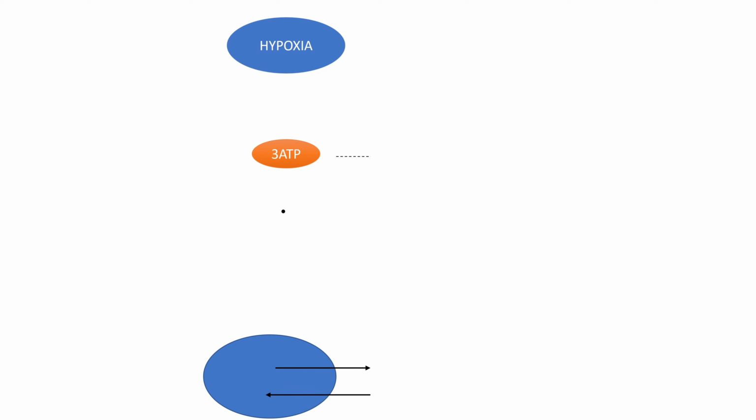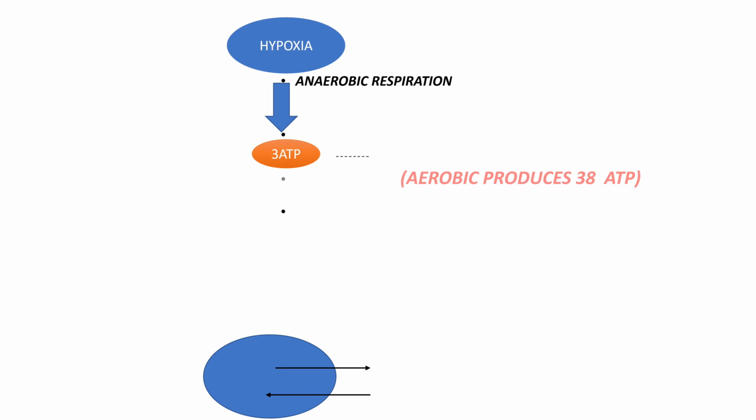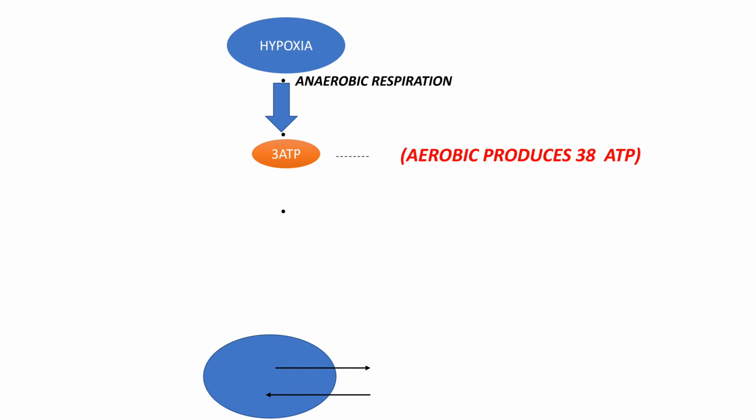The pathophysiology of shock. At the cellular level, cellular hypoxia leads to decrease in ATP production, 3 ATPs rather than 38, resulting in decrease in efficacy of the sodium-potassium pump, with leakage of potassium out of the cell and movement of sodium into the cells, along with water, and the cells swell.